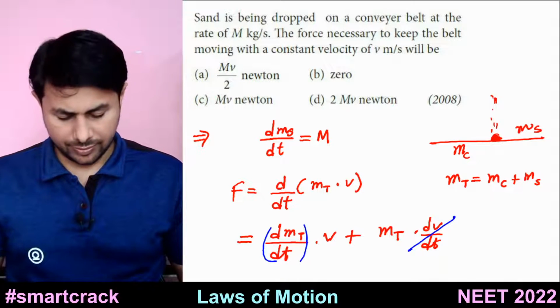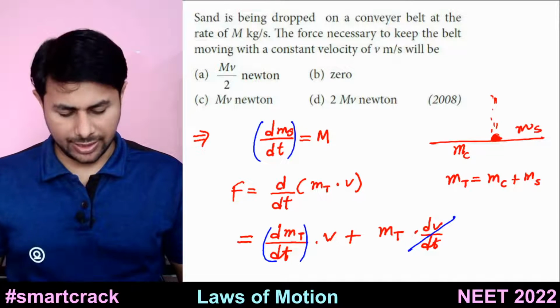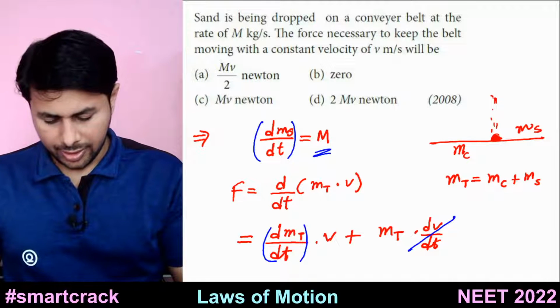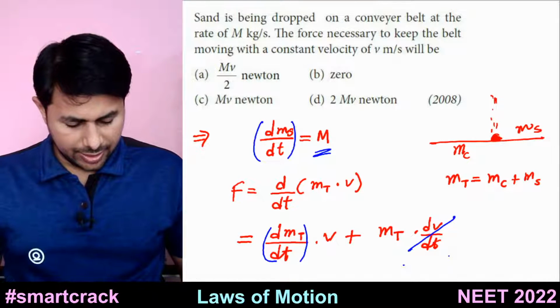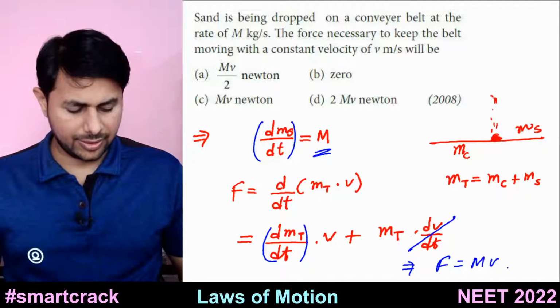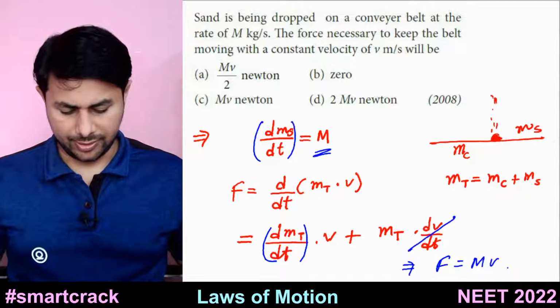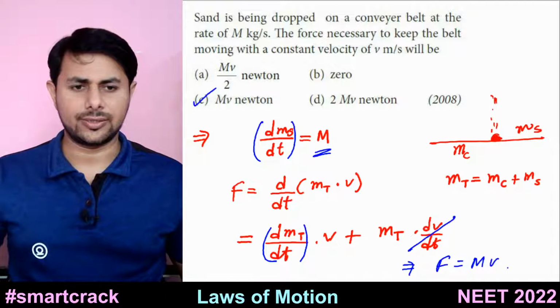We are given the change in mass of sand with respect to time: it's capital M. So the force is equal to capital M multiplied by V. Very simple. Clear? Option C is the answer.